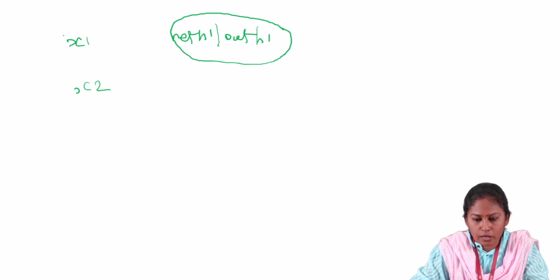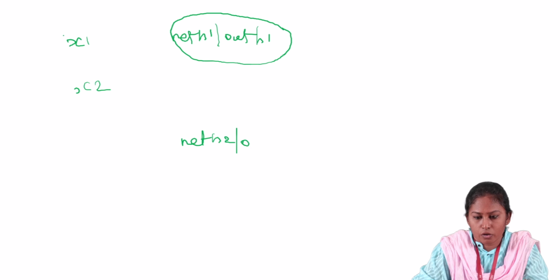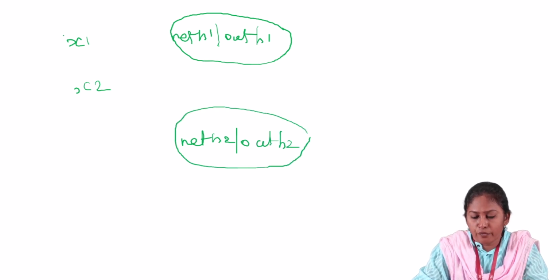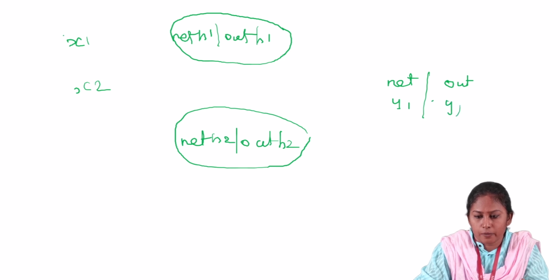So similarly net h2, out h2, and in the output layer, which we have already seen, net y1, out y1, right?